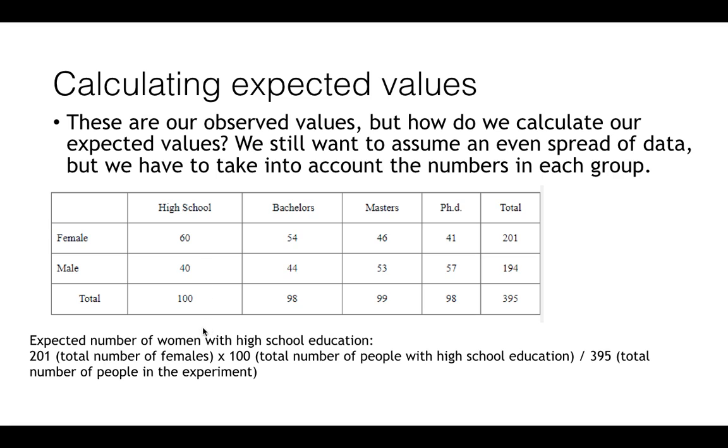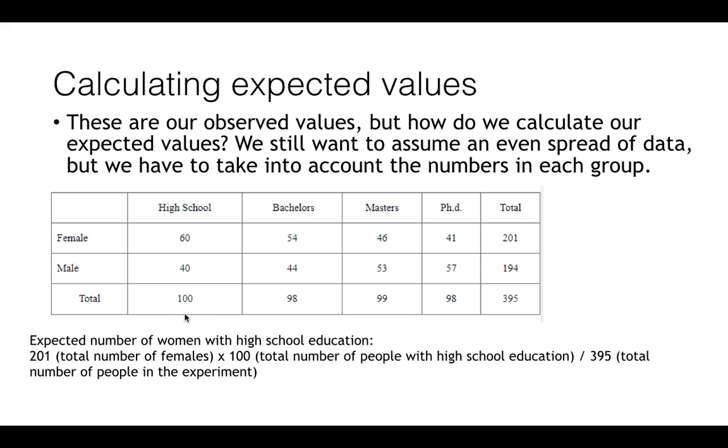So in this case, when we come to calculate the expected, we use the totals. So let's imagine I'm trying to calculate my expected number of females who are high school educated. First things first, I go across and I look at this total, 201. I had 201 women in my study. I'm going to multiply that by this total, 100.